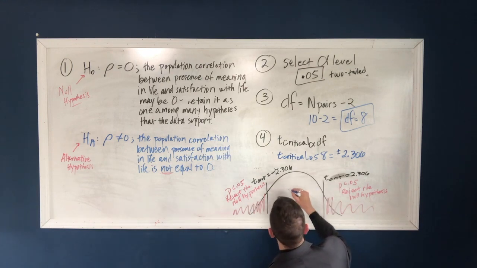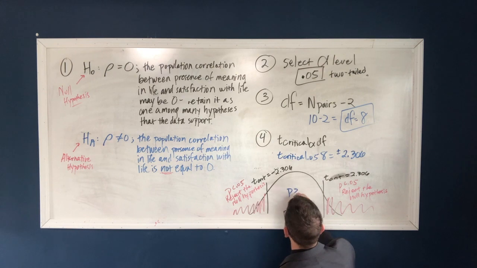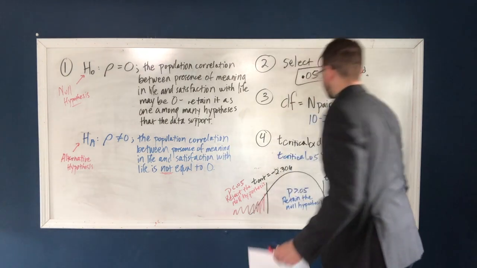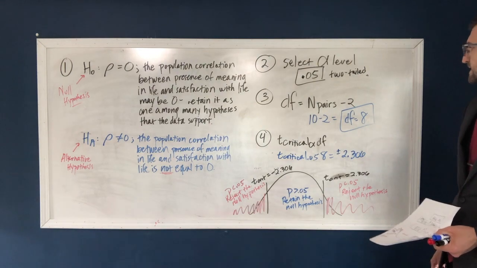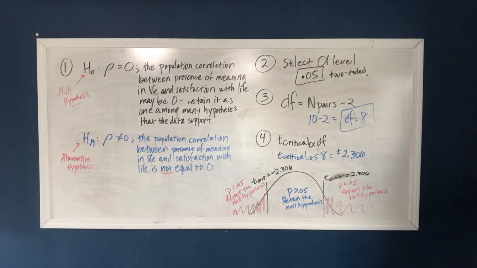Okay, and then in between the t criticals, P is greater than 0.05, retain the null hypothesis. Okay. Cool.